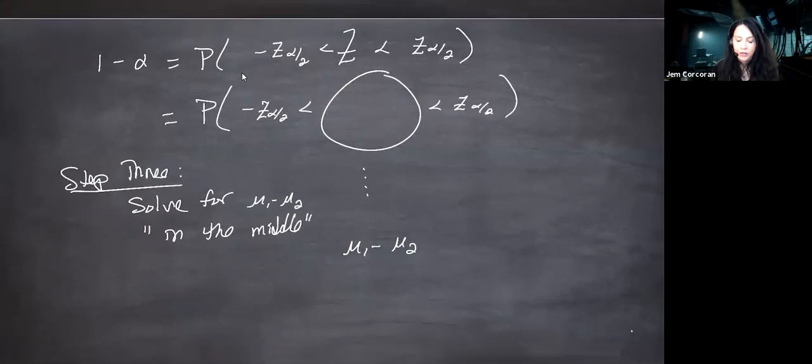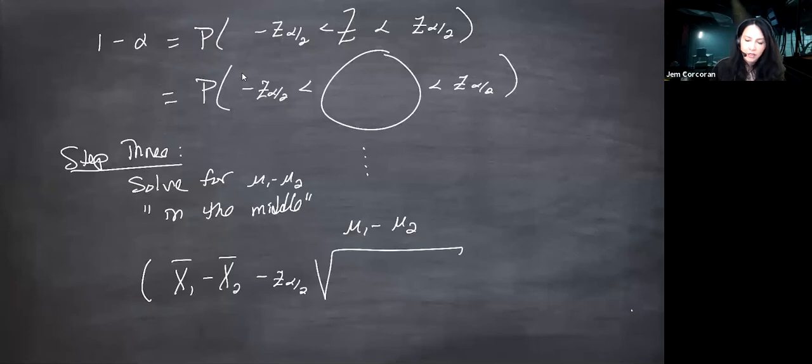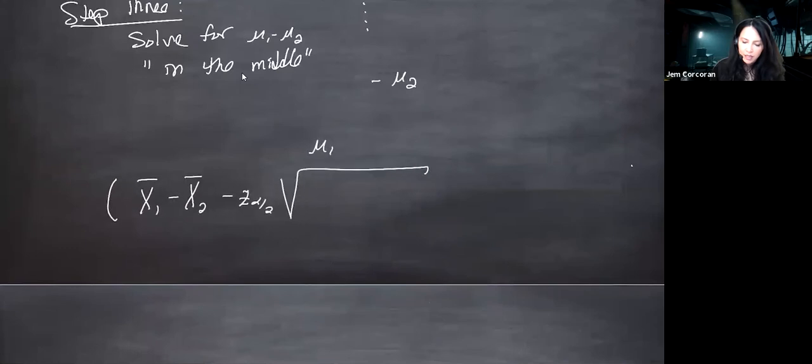And when you do, you'll get the two endpoints. You'll get x1 bar minus x2 bar minus z sub alpha over 2 times this ugly, huge square root. Let me make some space here. Oh, I grabbed a mu.